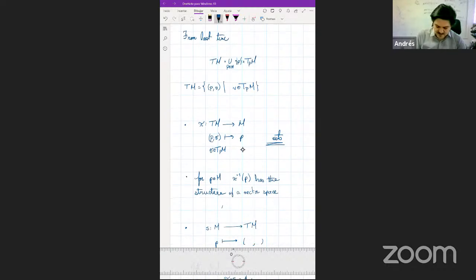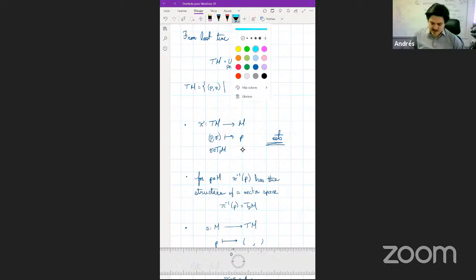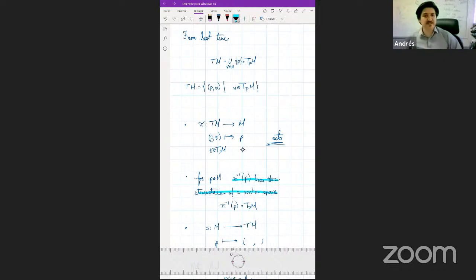But moreover, like you said, the preimage is exactly T_P M. But it is important to note, this will be important later on, that the preimage is a vector space. Okay, so this is good. Now, of course, it's not any arbitrary vector space, it is the tangent plane at the point P.